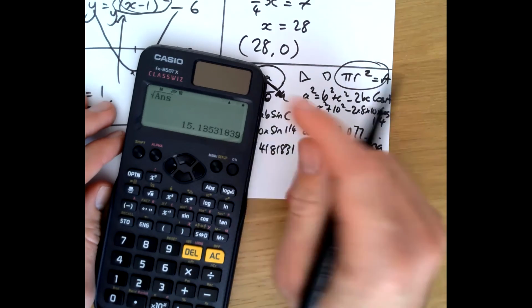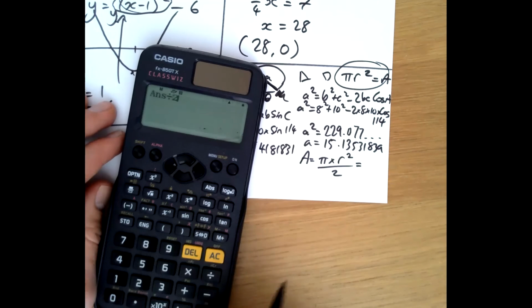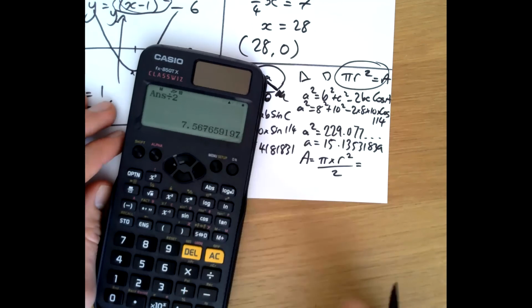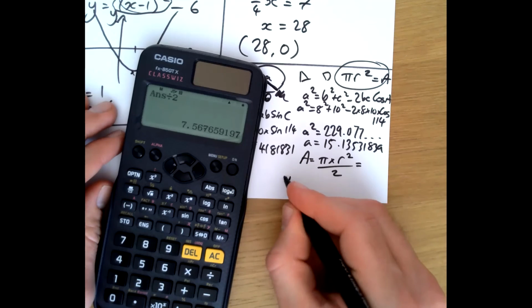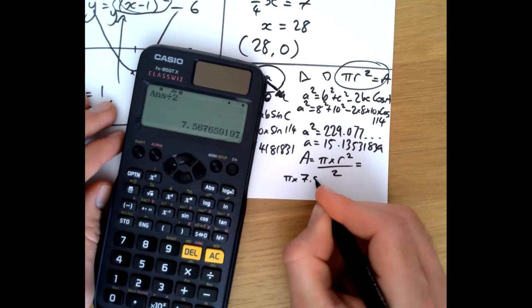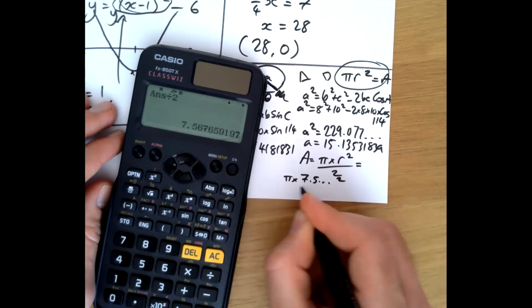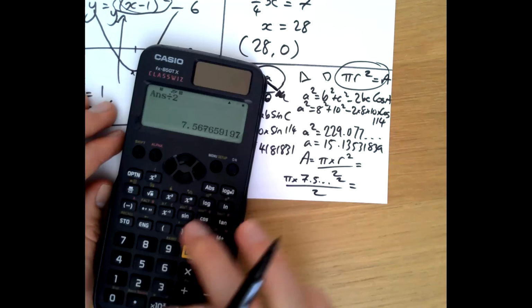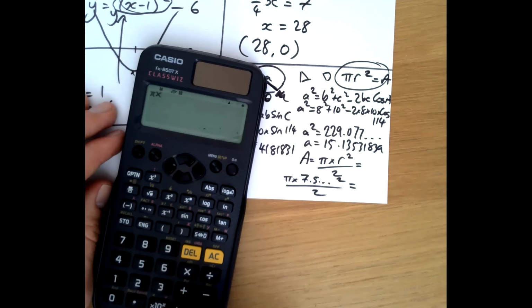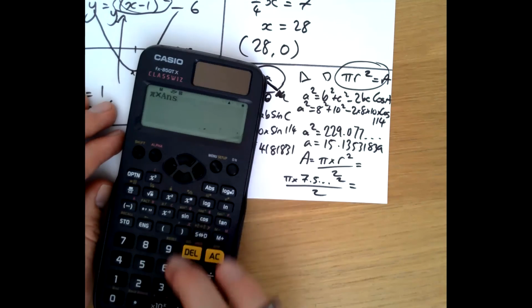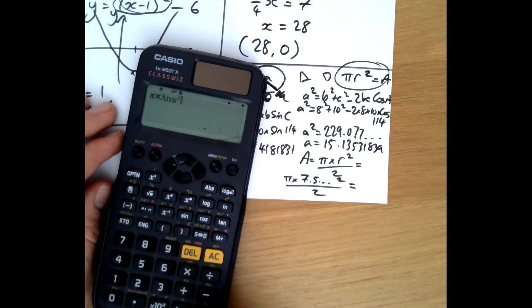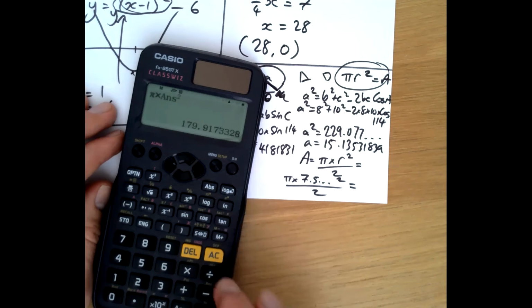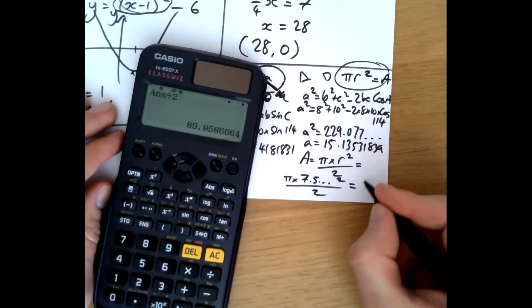So I've got my diameter, I'm going to divide it by 2, so now that's my answer. So I'm going to do pi times 7.5 something squared over 2, and again I'm going to just put my answer because it remembers my previous answer, so my pi times the radius squared divided by 2 gives me 89.95.